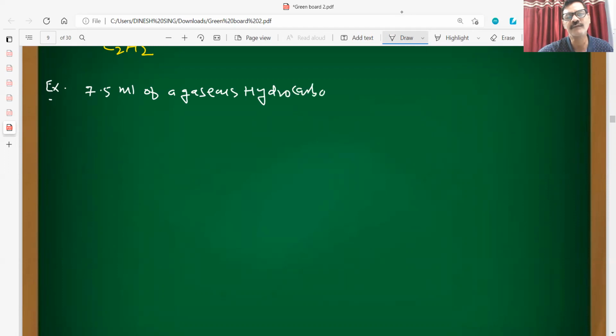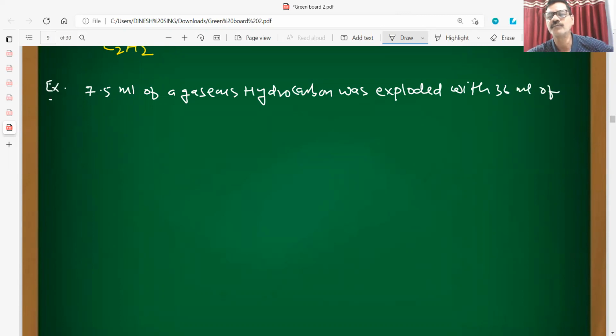If the word hydrocarbon is given, it means it contains only carbon and hydrogen.